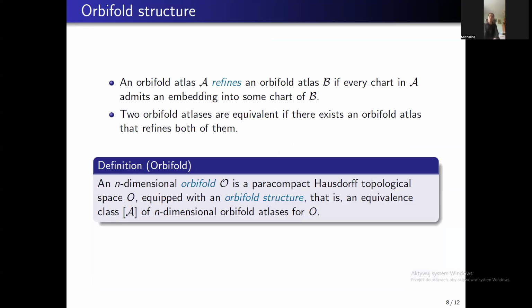So an n-dimensional orbifold will be a paracompact Hausdorff topological space, also equipped with an orbifold structure that is an equivalence class of n-dimensional orbifold atlases for this topological space.